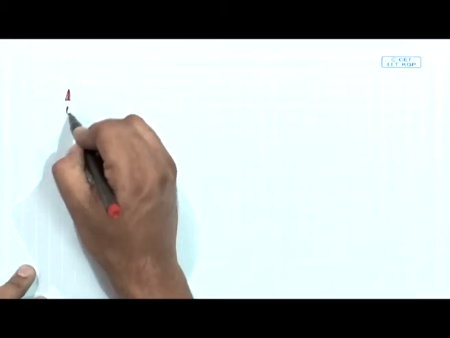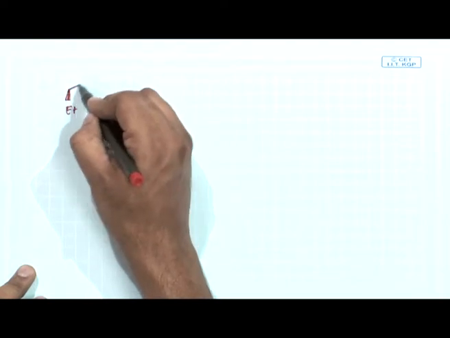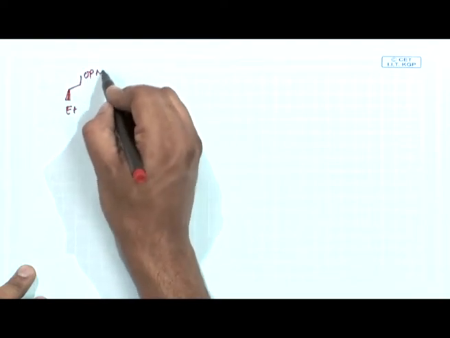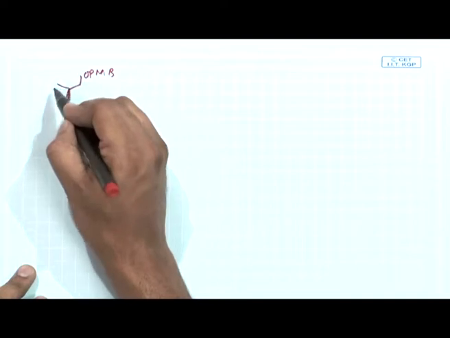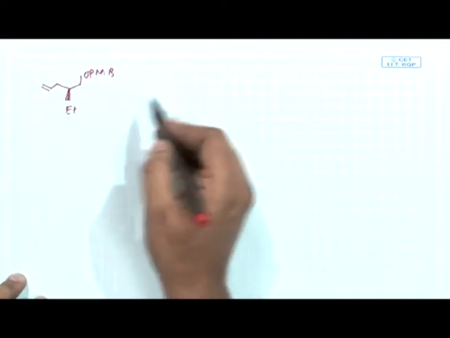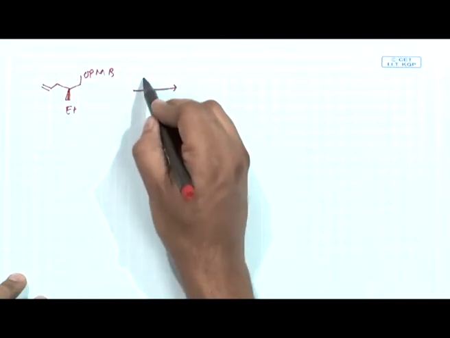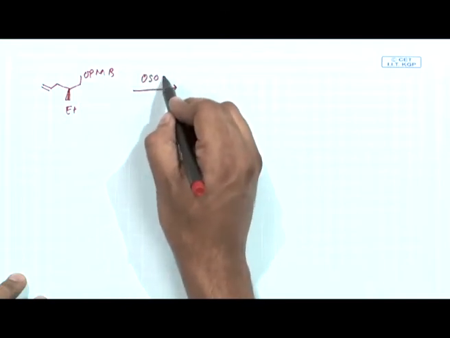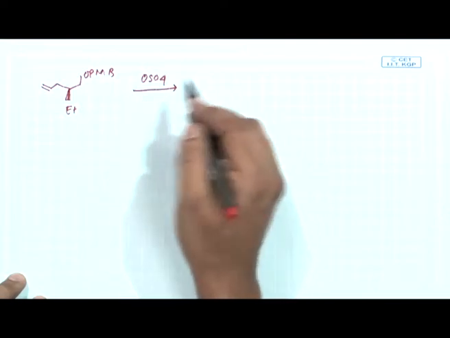Now, if you write the intermediate which we have obtained in the earlier slide, then you find that after this SN2 reaction we obtained it here. Now, here basically you need a dihydroxylation where osmium tetroxide is the preferred reagent.